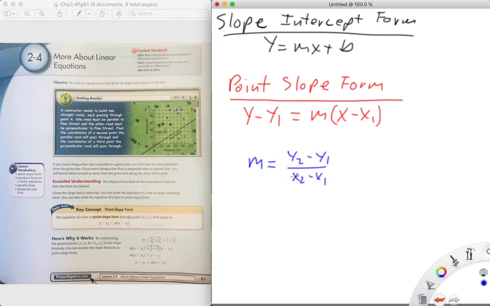I don't want this x2 minus x1 in the denominator. So I'm going to multiply both sides by x2 minus x1 over 1. What I do on one side, I do to the other. So this side is also x2 minus x1. That cancels. That cancels. I'm going to flip this around.